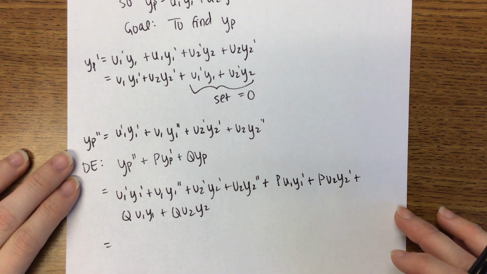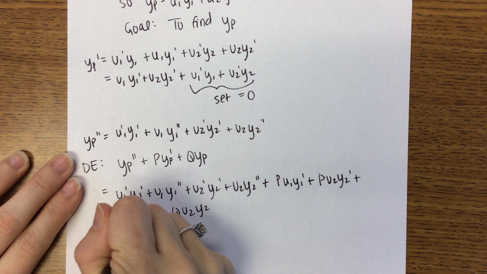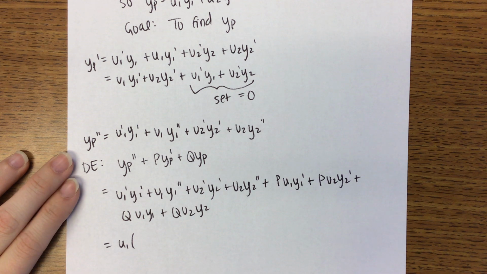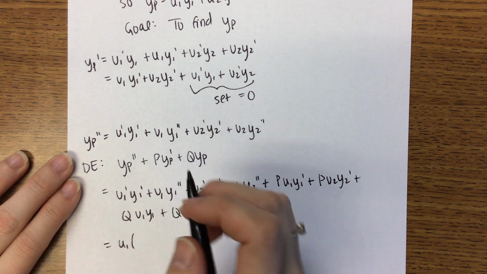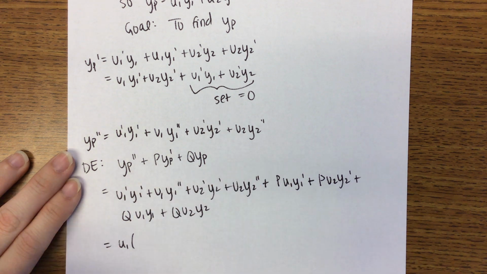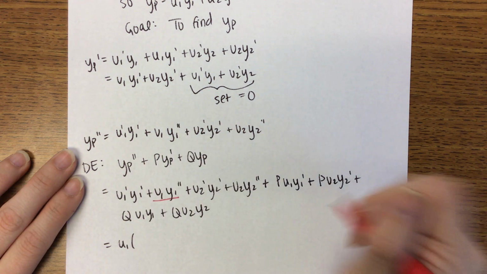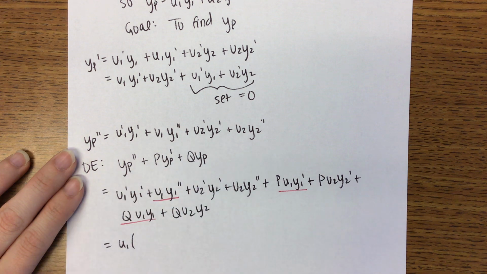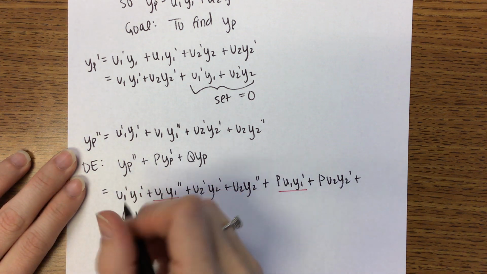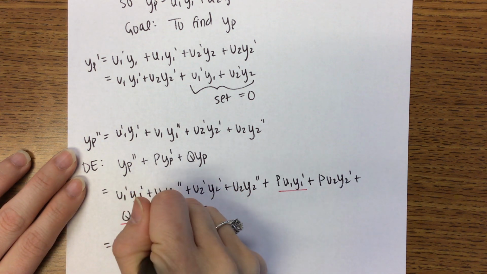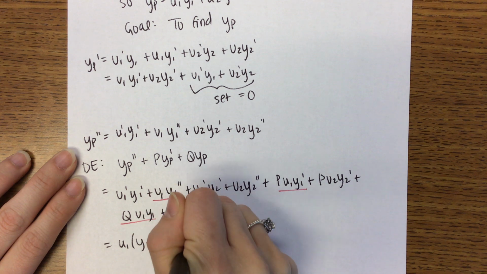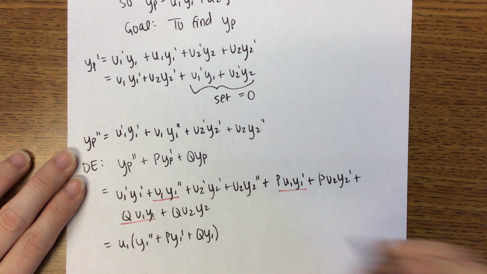Okay, we're going to rearrange some terms. We're going to get all the terms that have a u1 together. So u1, that's this term, that term, and that term. So we get y1 double prime plus p of y1 prime plus q of y1.